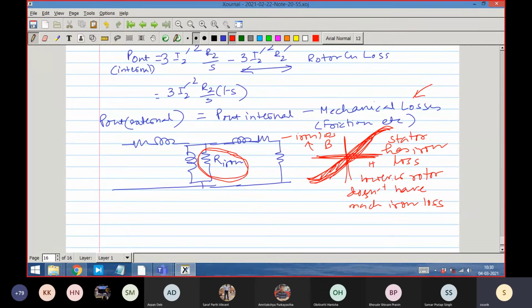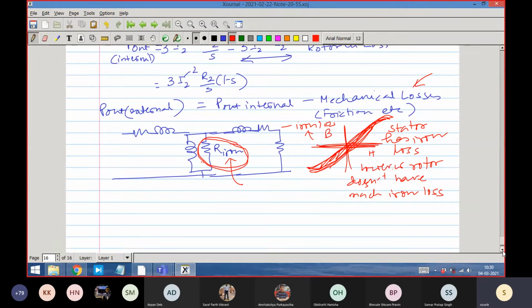Engineering is somewhat based on convenience also, so it won't make much of a difference in the analysis. They have as if shifted the iron loss that is happening in the air gap to the end, with a little error coming in this case.